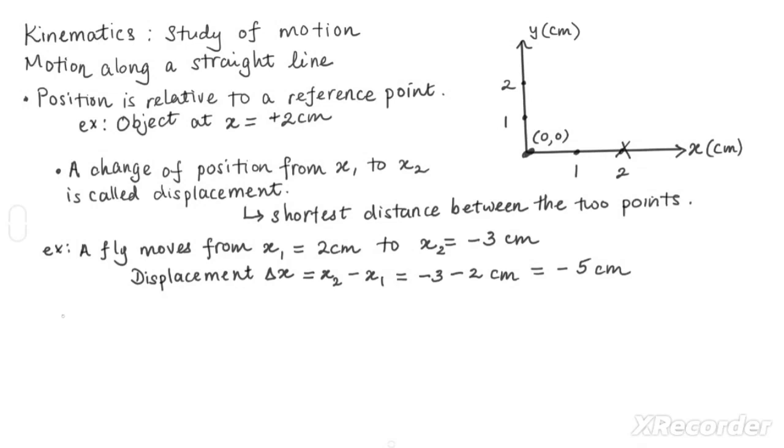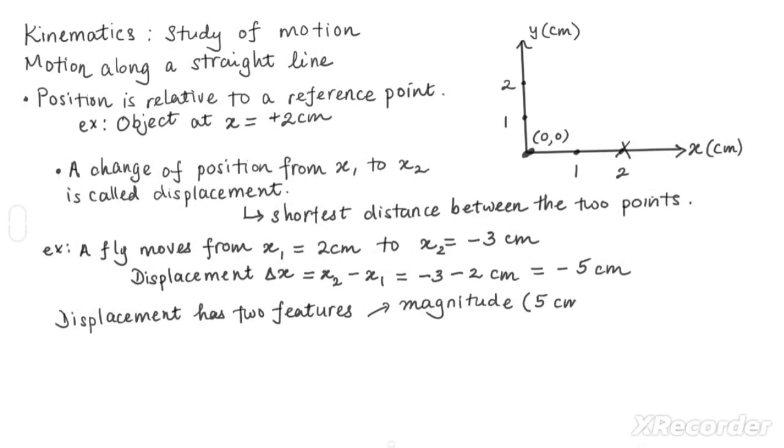So displacement has two features. One is the magnitude, this is how big the number is, so this is 5 centimeters.